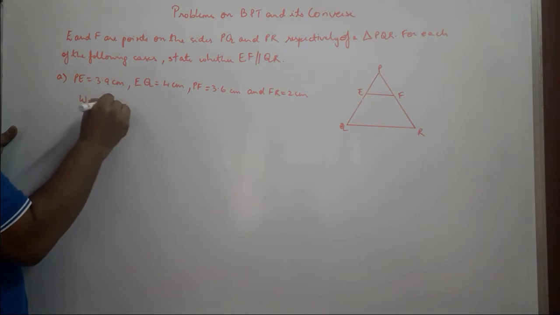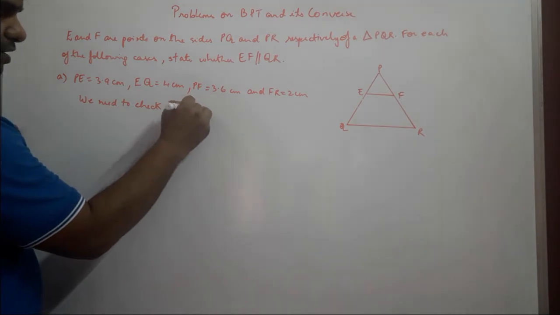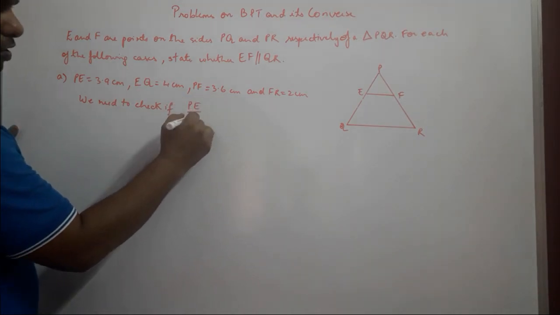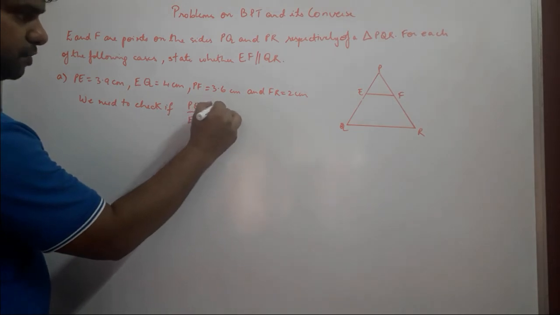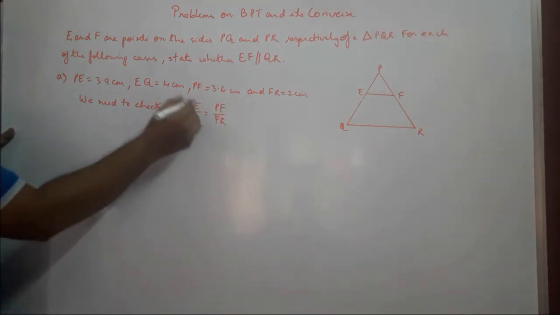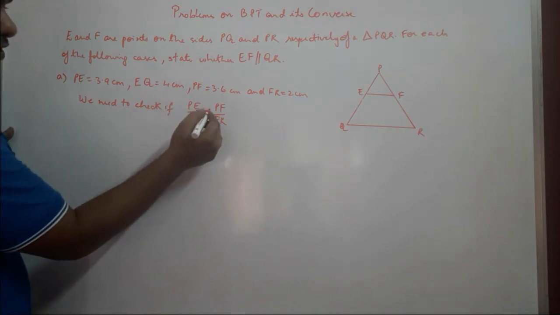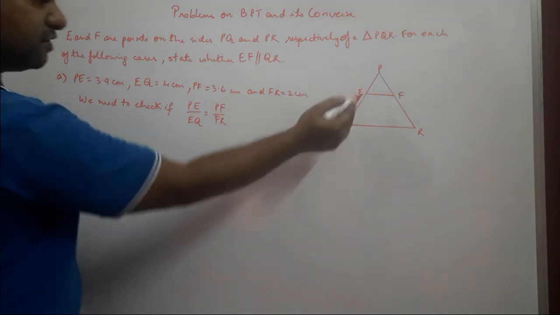We need to check if PE upon EQ is equal to PF upon FR. If PE upon EQ is equal to PF upon FR, then we can say that EF is parallel to QR.